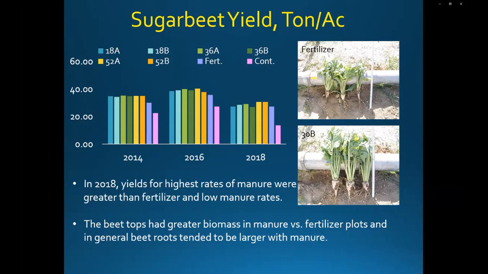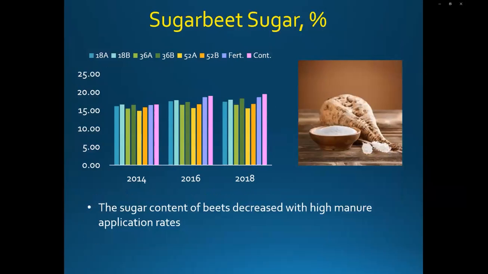What we did notice, though, is that you definitely have quite a bit more biomass in the tops when we added manure compared to fertilizer. And in lots of cases, the roots were quite a bit bigger in the plots that are receiving manure. Although these differences in yield are not significantly different, numerically they were higher in the manure plots than the fertilizer plots, which will become important in just a minute.